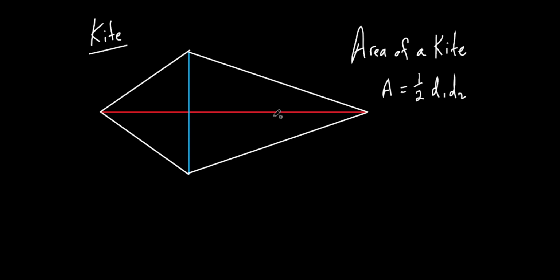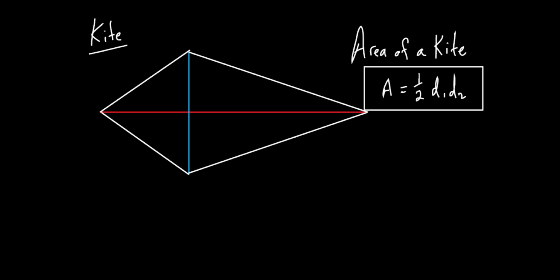So if I know the length of the red one and the length of the blue one, multiply them together and then do what to it? Take half of it. That's it. So you really haven't seen one quite like that before. But there you go.